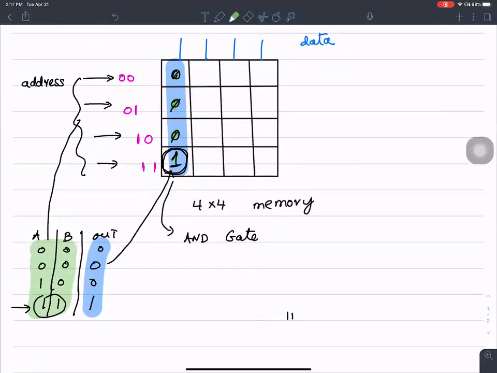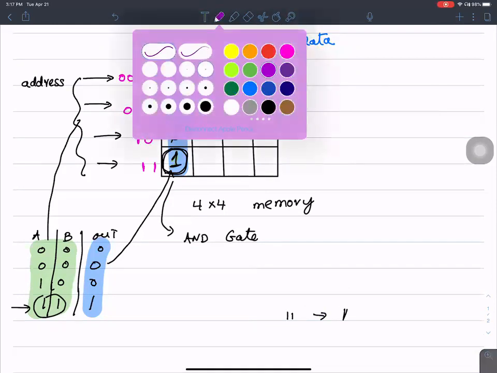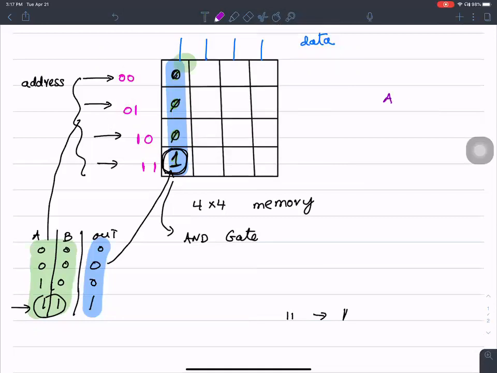When I apply an address of 1, 1, I see an output of 1, and when I apply an input of 0, 0 as address, I see an output of 0. The corresponding truth table here being replicated represents an AND gate. I can do the exact same thing for any combinational logic. So this is the AND gate.